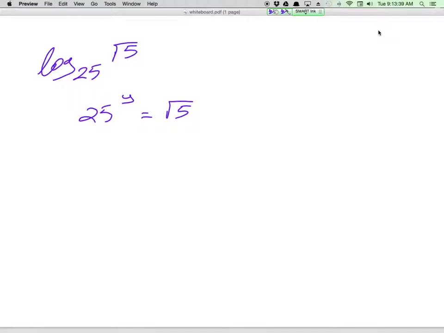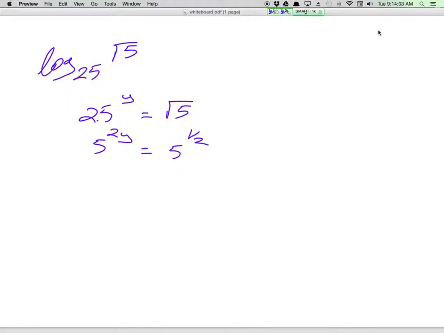After that, I want to get the bases the same on both sides. What number can I turn both of them into? 5. On the left, 25 is the same thing as 5 squared, so I'm dealing with 5 to the 2y. On the right, the square root of 5 is the same thing as 5 to the 1/2.